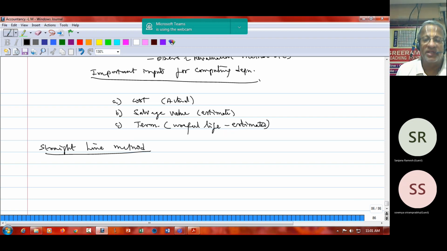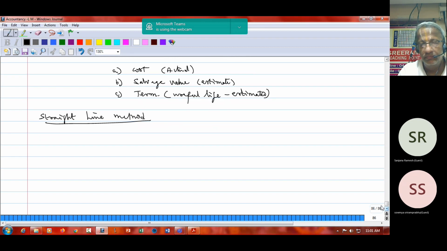What do you understand from straight line? Sir, a percentage of the cost of the machine will be calculated, and that will be deducted from the cost. No. How do you compute depreciation? Whether you deduct it from cost or accumulated depreciation is deducted from cost is secondary. How do you compute it? In straight line, we calculate it on the cost.